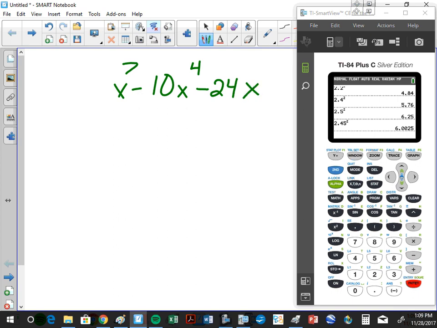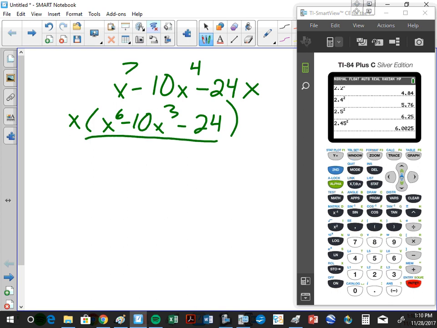Okay. What do we do here? Pull out an x. X times x to the 6th minus 10x to the 3rd minus 24. So I know one of the roots is 0. Can I use the box here? Yes. How do I know I can use the box?